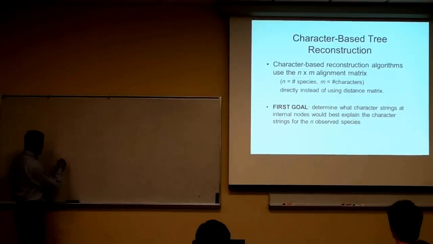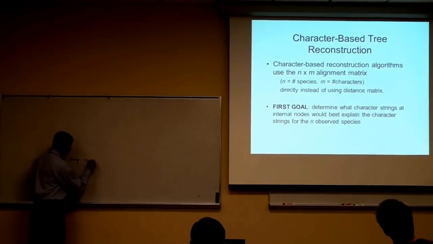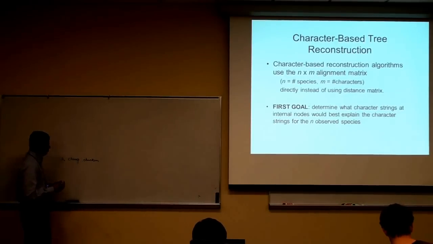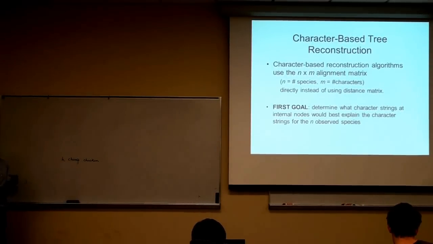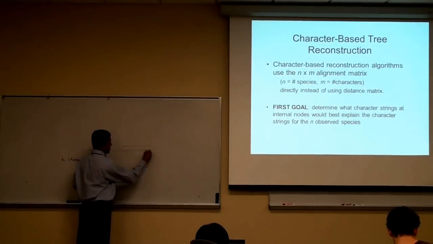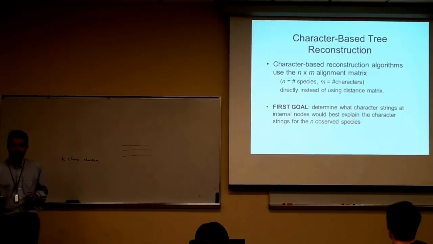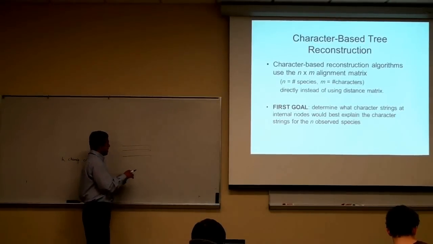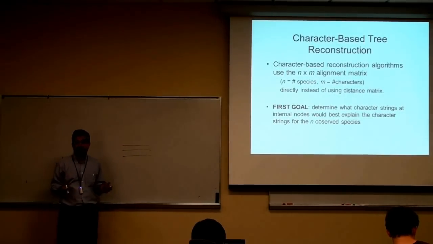So again, you're given human, chimp, and chicken genomes. And instead of taking each pair and computing their pairwise distance, what you can do is to just align those genomes with each other. And in fact, you would have to do that anyways if you wanted to construct pairwise distances.